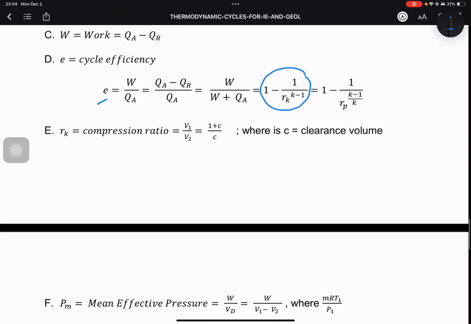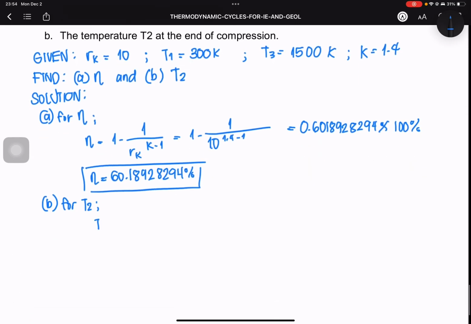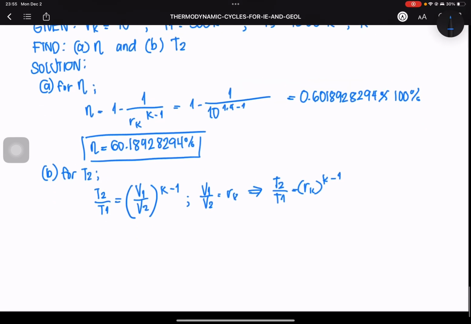T2 over T1 is equal to V1 over V2 raised to K minus 1, right? Where V1 over V2 is simply equal to RK. Therefore, T2 over T1 is equal to RK raised to K minus 1. So we can say that T2 is equal to T1 times RK raised to K minus 1.